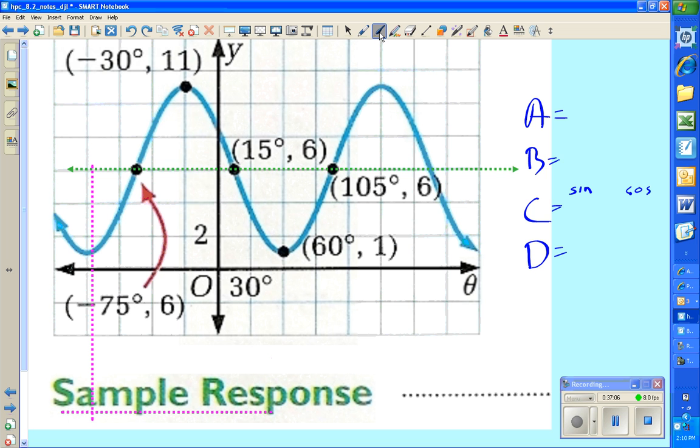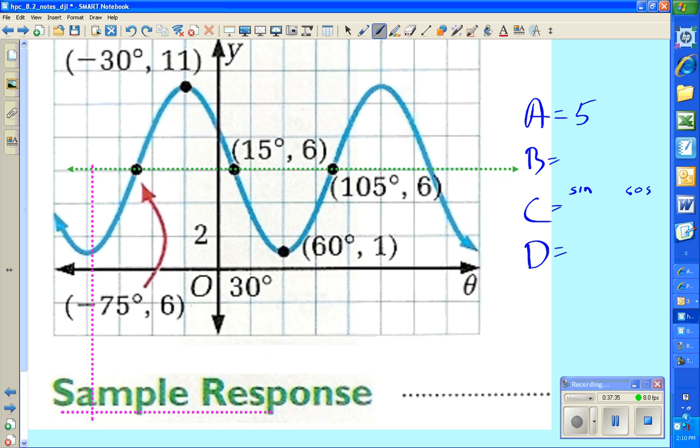What's the minimum value for any point on the graph? Minimum value, 1. So the difference is 5. So A, the amplitude is 5, and I would never try to make A a negative number. That's just silly. You can do it, but it's really silly.